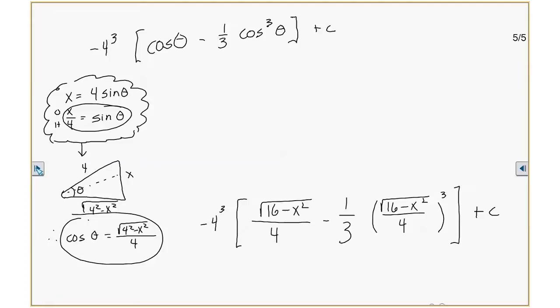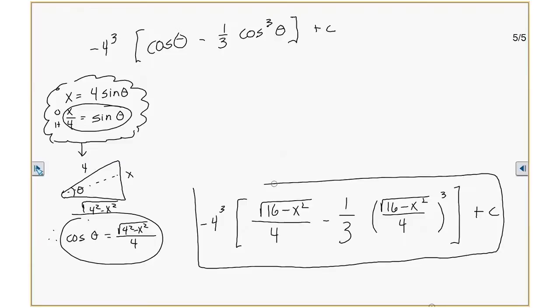So that's about all, or you could pull all that out and cancel it with the -4 to the third power out there. You could maybe clean it up a little bit. That's about it. But as far as the setup, that's enough of an answer for you to get the credit.